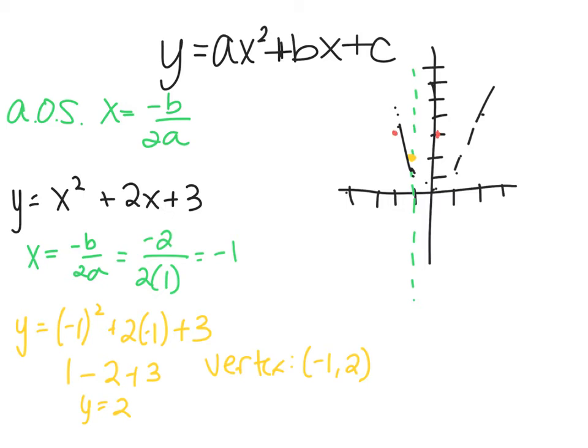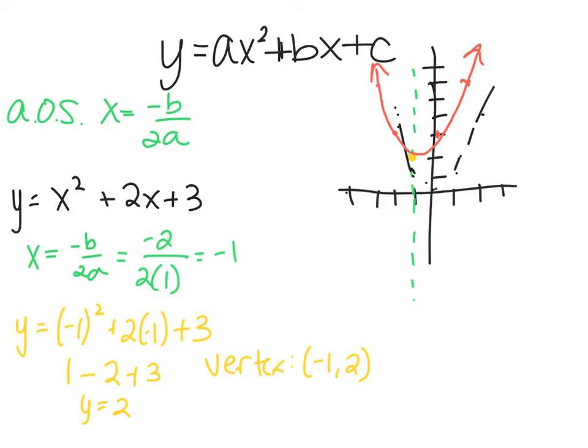And then from the vertex, I'm going to go up 4 over 2 in each direction. If only I had a fancy iPad Pro with a pen, probably make it a little bit prettier. And there's my parabola. It fits. The parent function has literally just been moved left 1, up 2.